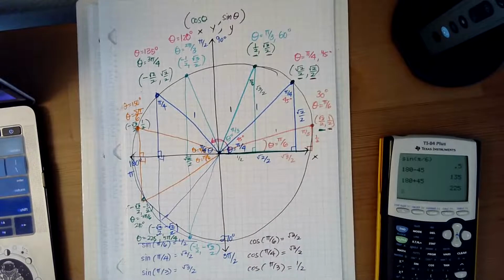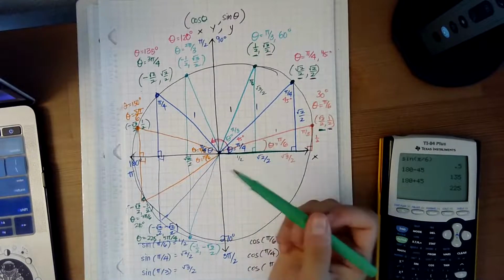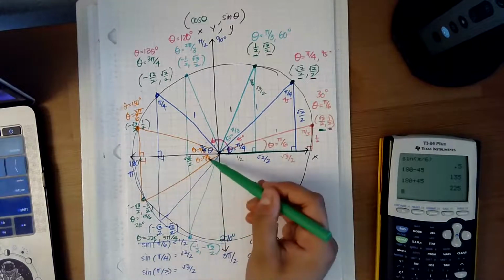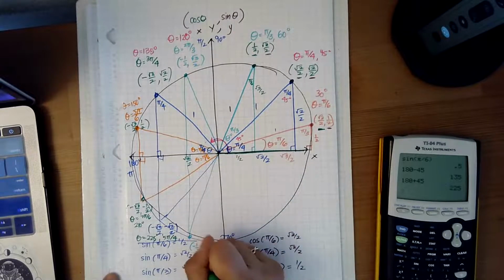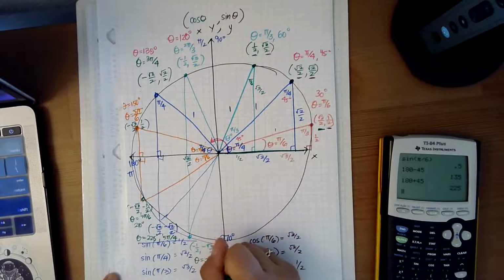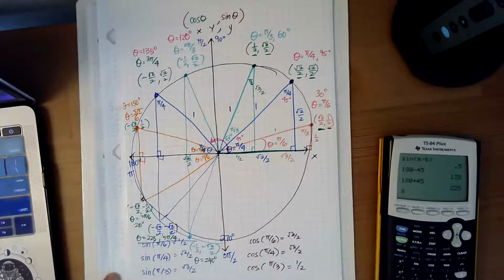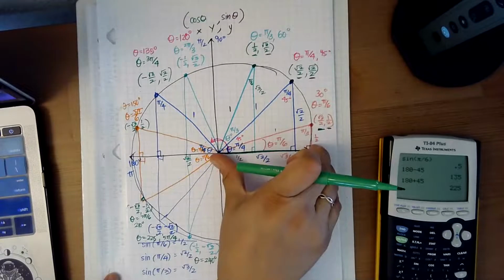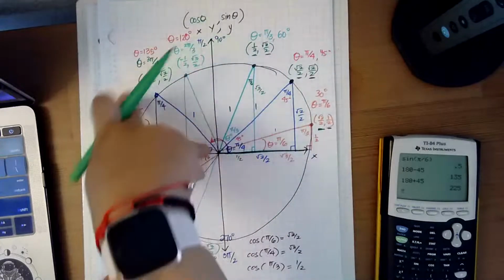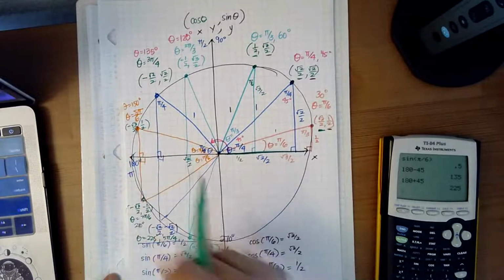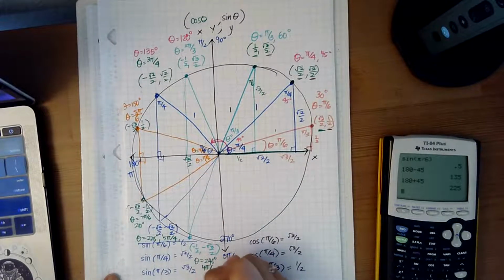And this theta here is, let's see, that's 60 degrees. This right here is a 60 degree. 180 plus 60 is 240. Okay. Or I can look at it like this: 1 pi over 3, 2 pi over 3, 3 pi over 3, 4 pi over 3.